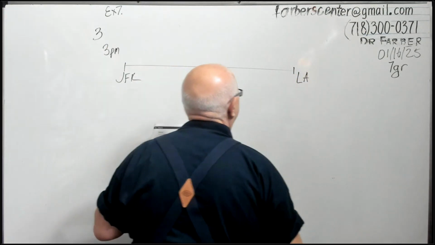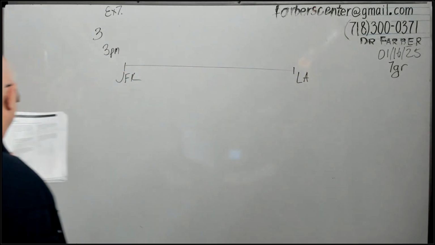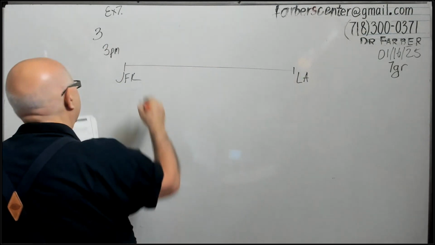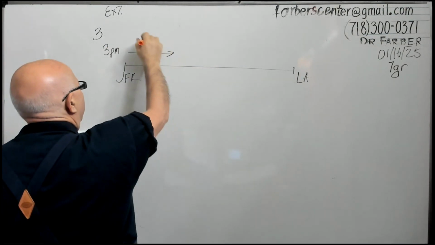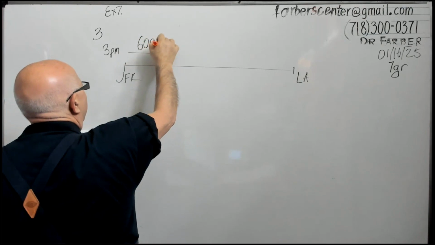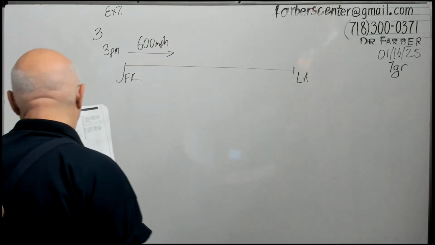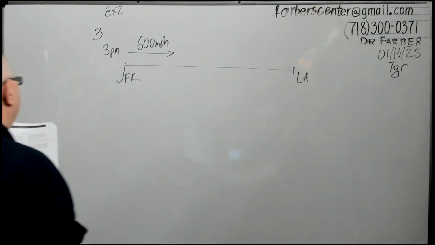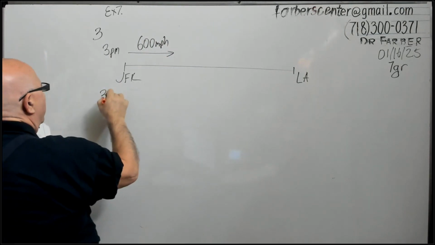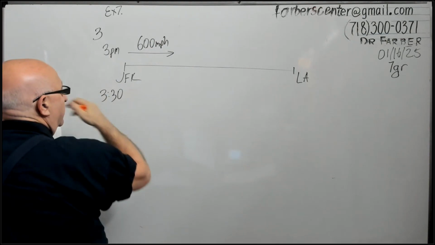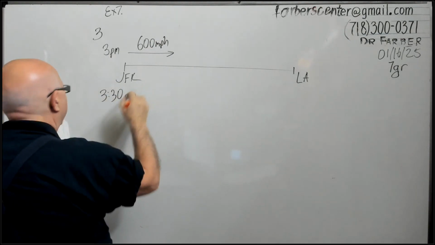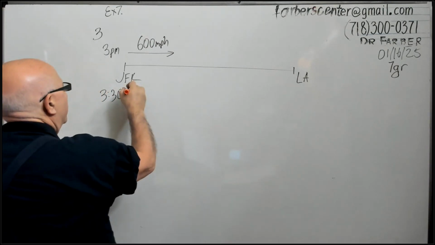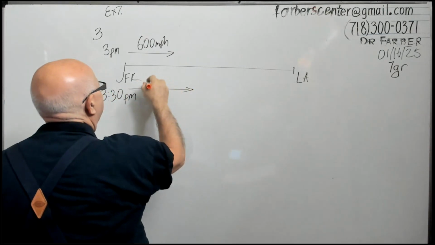Not a good idea to travel to LA right now. And the rate is 600 mph. And 3:30 p.m. later, right? Another plane with 650. Make this vector bigger.